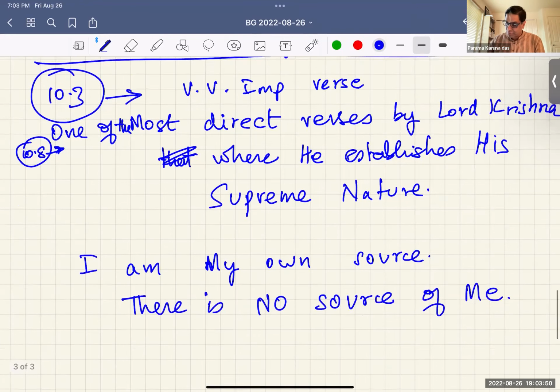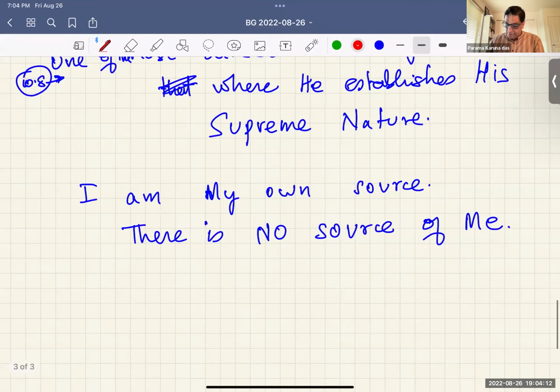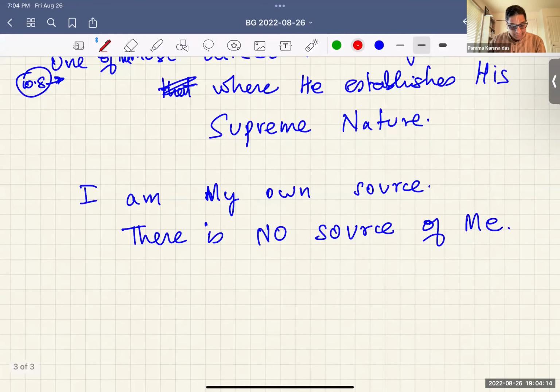I have no source. So you can say that what Lord Krishna basically is saying, this link does not exist. Krishna is his own source. Let me put that in different color. Krishna is his own source. That is where the chain ends. So that is what is mentioned in 10.3.